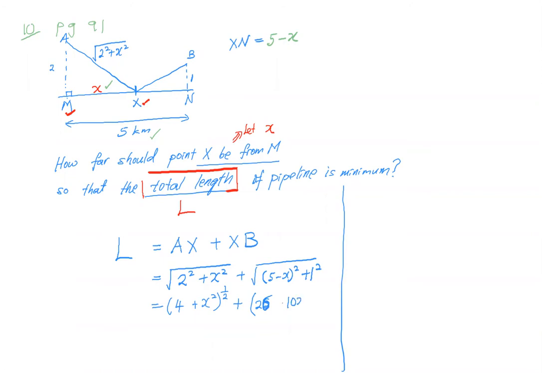Minus 10x plus x squared, the whole thing to the power half. Okay, so done. Clear? So I cannot tell you exactly how it is, but I can tell you how I form my equation based on the question given.